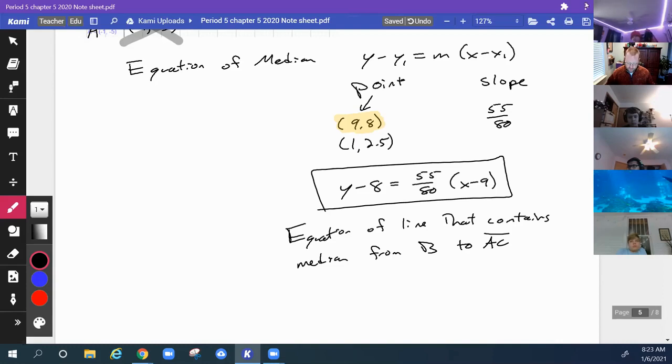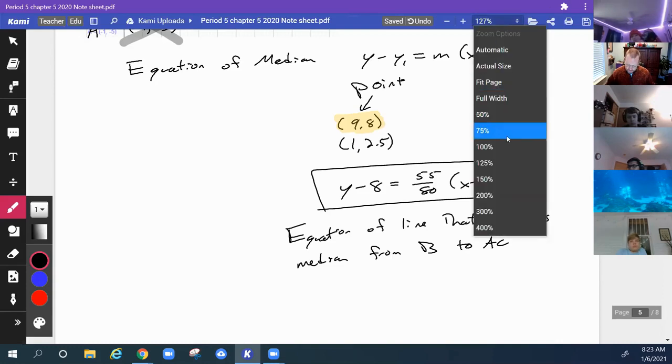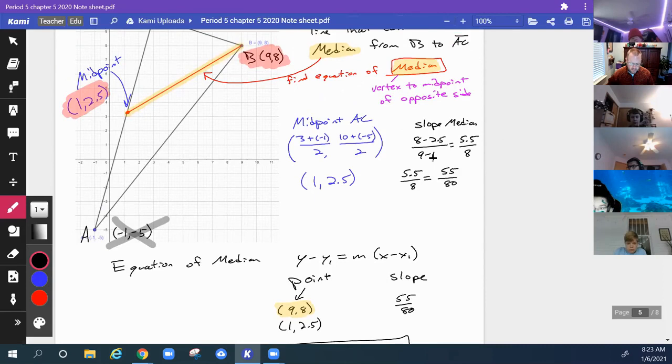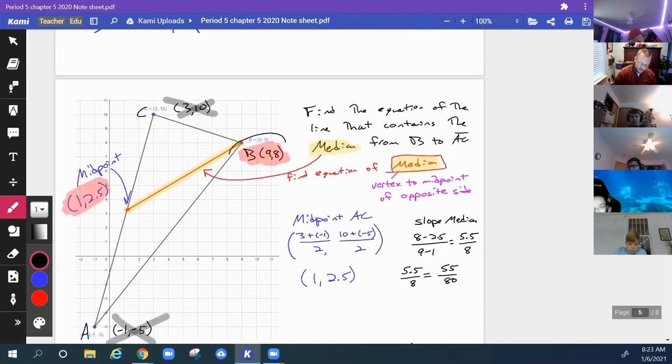I'm going to try and make it a little bit smaller so I can maybe put more of it on screen. I can't go too small. But this is just one example of finding the median. This is no different than finding the equation of a line from algebra, from first semester, because what I really need to do is find those 2 points.